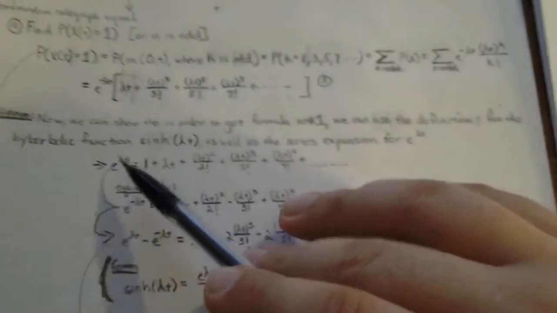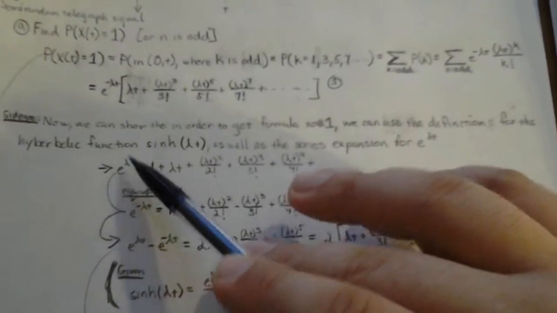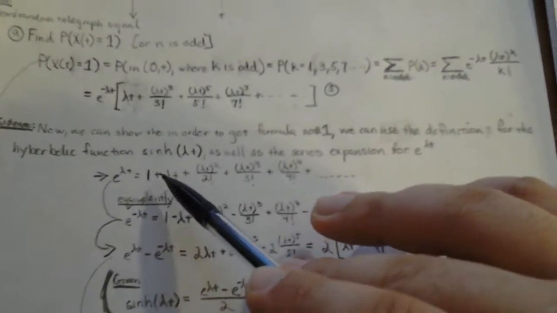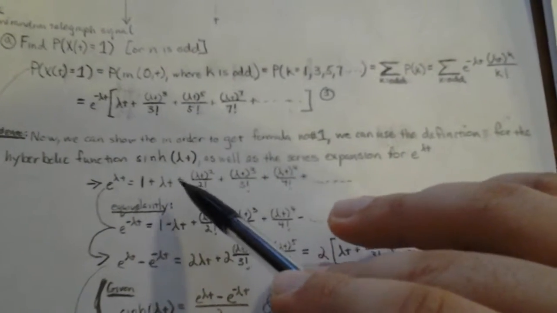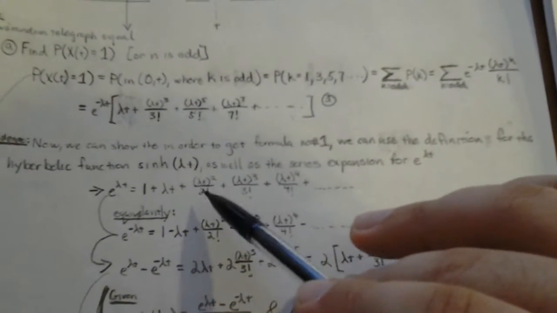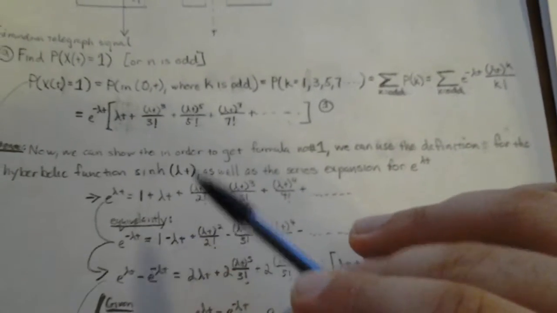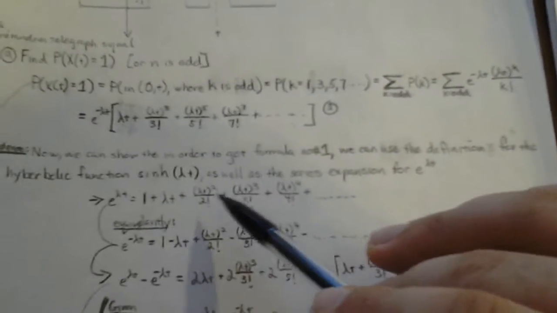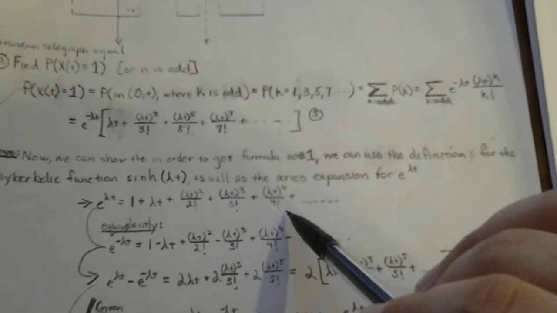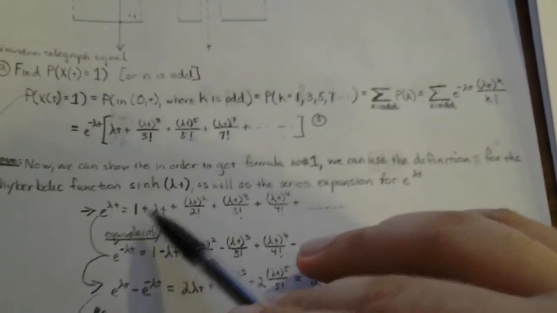Now, by definition, we can series expand e to the lambda t and make it 1 plus lambda t plus lambda t squared over 2 factorial, and so on and so on. Alright? That's basically the definition. So it's always the next term.